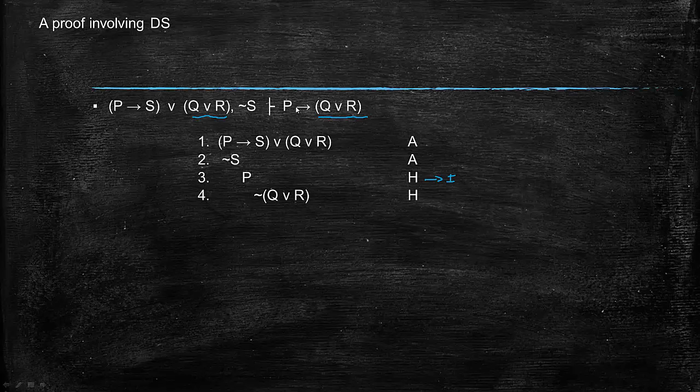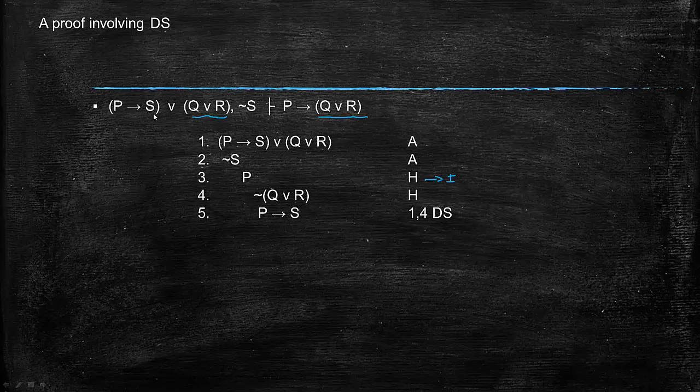So let's hypothesize it's not the case that Q or R. All right? Hypothesizing it's not the case that Q or R allows us immediately to apply disjunctive syllogism, and disjunctive syllogism gives us if P, then S.